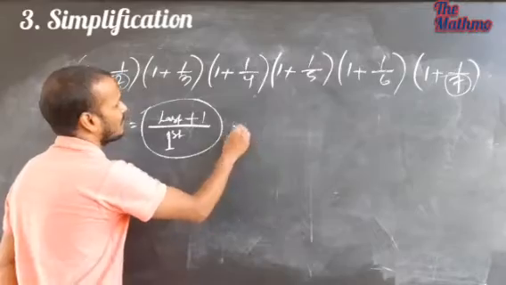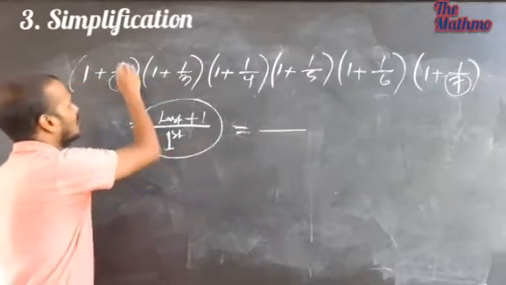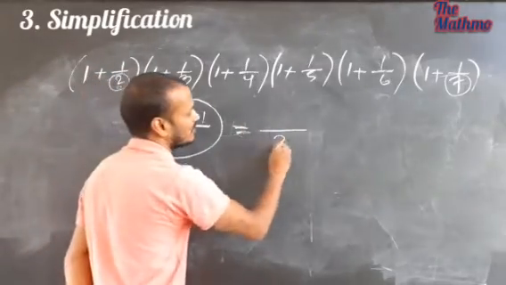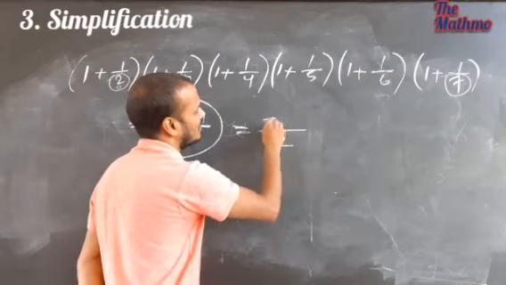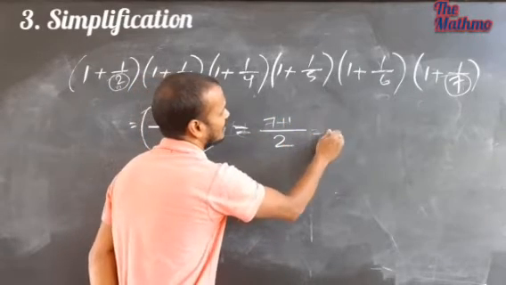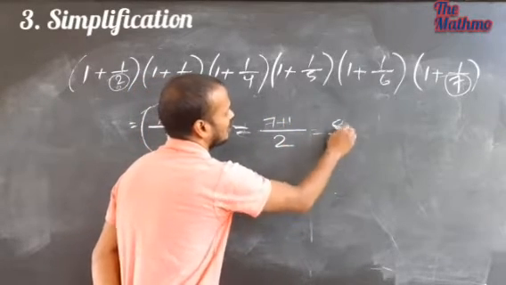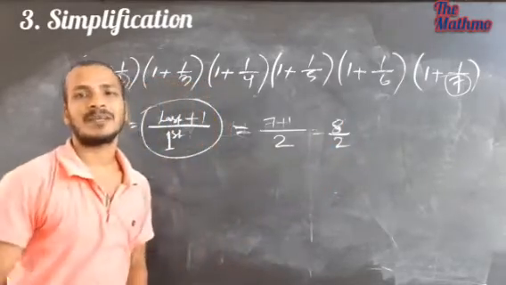First fractional part 1 by 2, the denominator is 2, and the last one is 7, and 7 plus 1 is 8, so it is 8 by 2. So like this we can do.